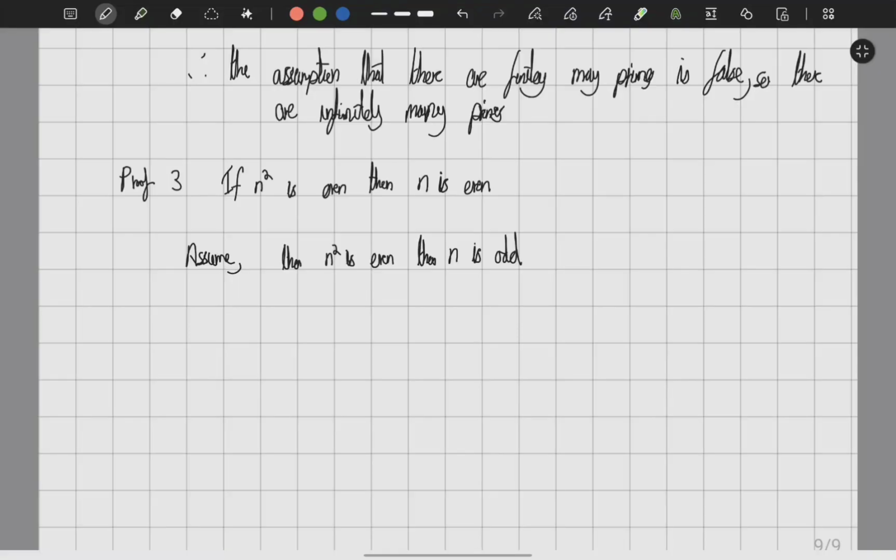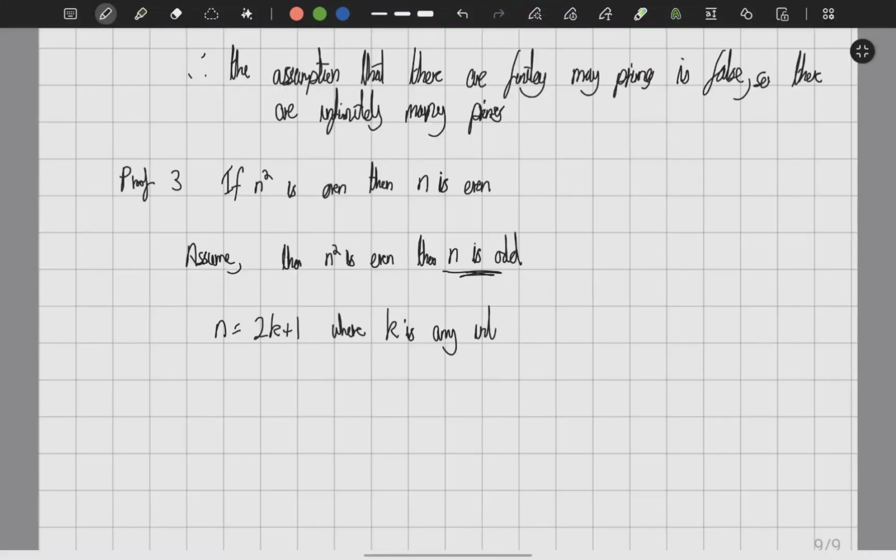So now we go over simple things. If n is odd, you should know that writing an odd integer is always 2 lots of something plus 1, because obviously an even number plus 1 is odd. So I'll say that n is equal to 2k plus 1, where k is any integer.